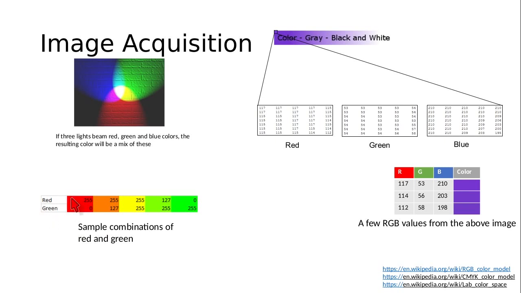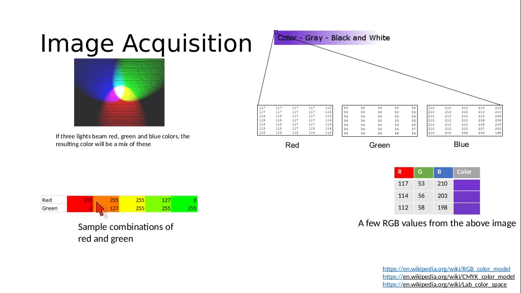So you have red and green, which we have combined in different ways. So if red is 255 and green is 0, and blue we have kept as 0 in this particular color band, then the color would show up as red. If the red channel is 255 and the green channel value is 127, this is how the color would show.